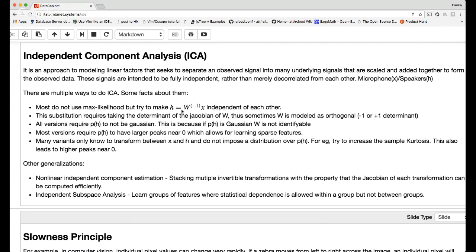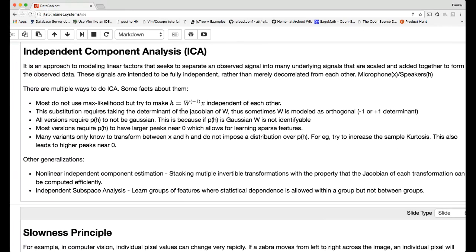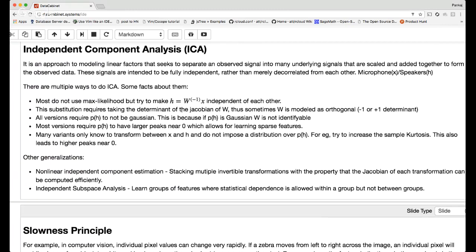Kurtosis is the fourth moment, Gaussian is the second moment. So that's one method to do independent component analysis. And because it has higher kurtosis, it also leads to higher peaks near 0, so it also leads to feature selection. And you could do other things with it as well.